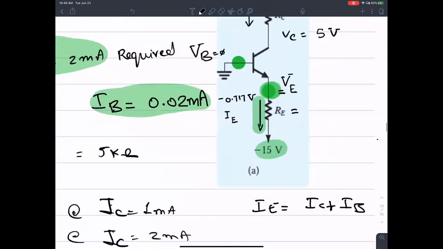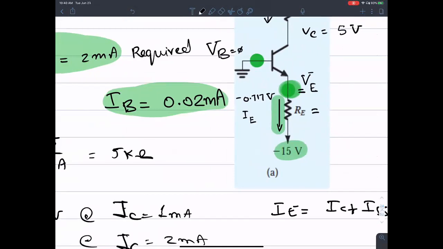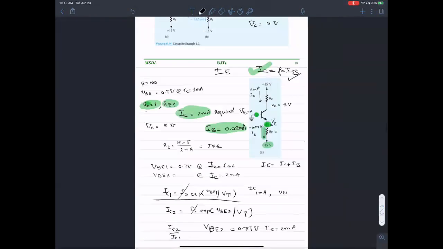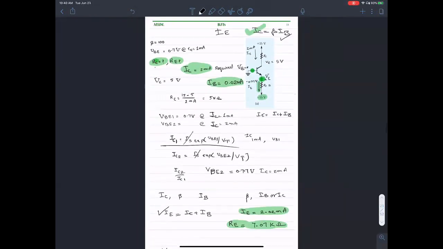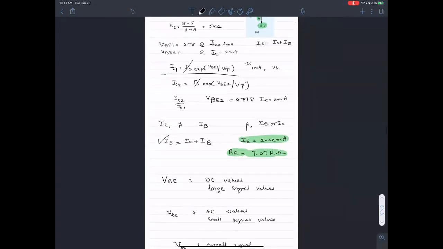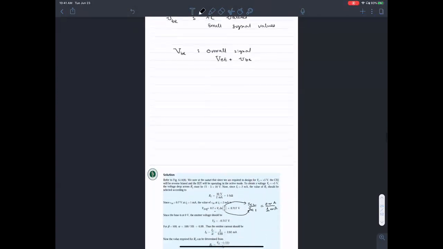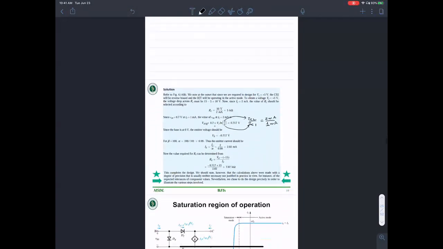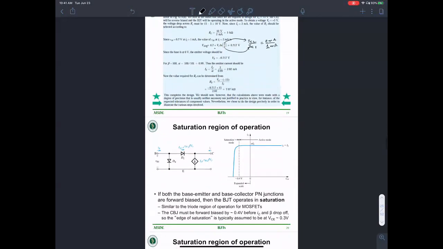Once we have IE, in order to calculate RE, we have to use the VB equation. Does that make sense? Questions, please. Further questions.